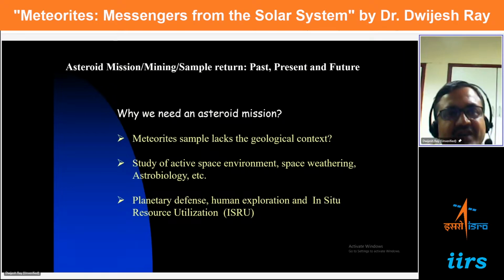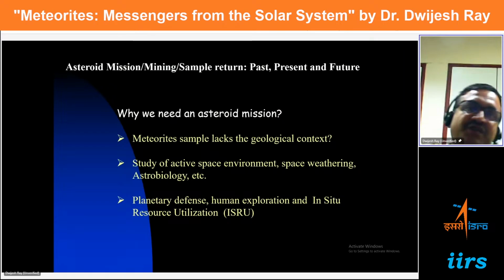And finally we need to develop our planetary defense system, because there is a possibility that an asteroid can come towards the Earth's orbit, and there could be a future collision with the Earth. Though it can't be a reality now, we need to think for the future.